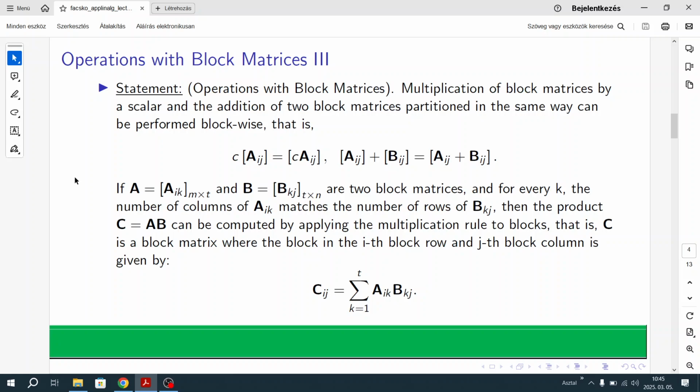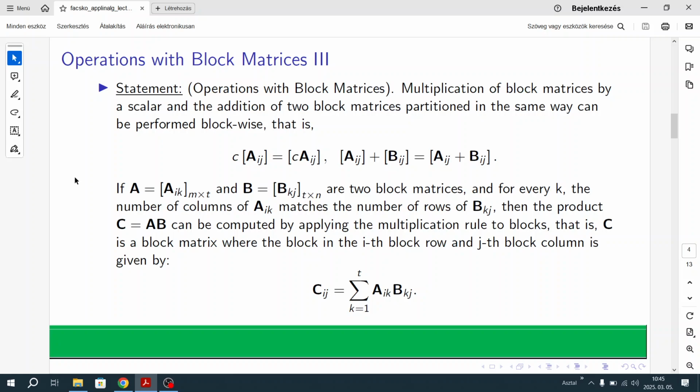The problem comes when you want to multiply these blocks. If you have the appropriate size of blocks, which are matrices, of course.